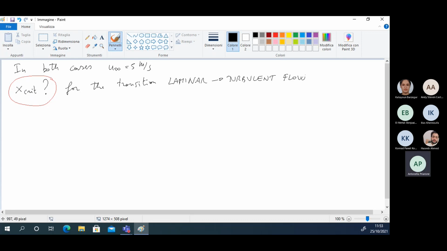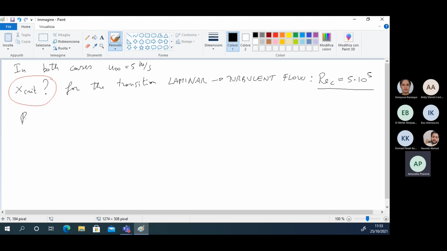We know that the transition is at the critical Reynolds number equal to 5 times 10 to the 5. We consider a sharp, sudden transition from laminar to turbulent flow at this Reynolds number.